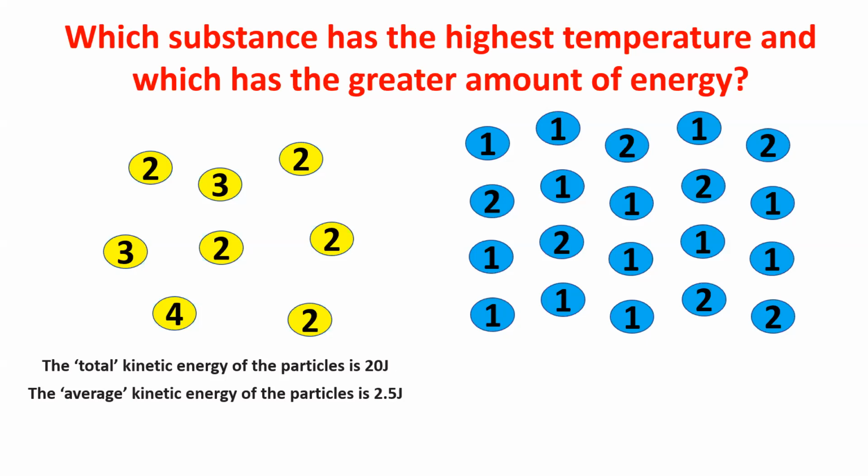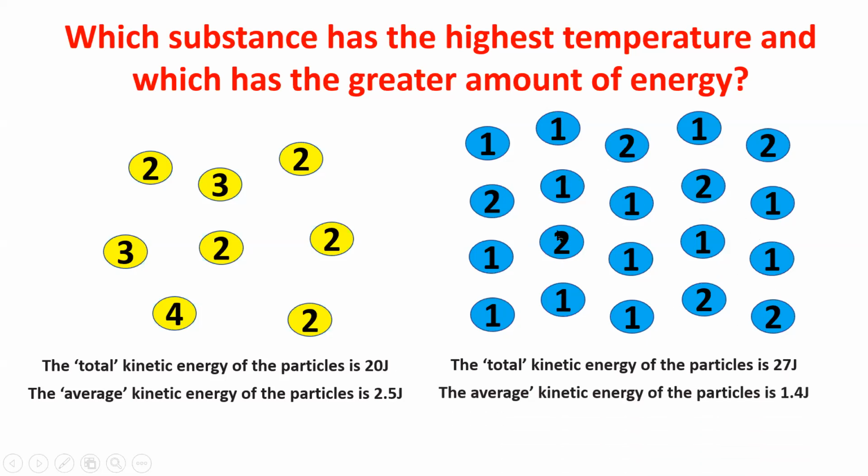Now, if we do the same for this blue substance on the right-hand side, the total kinetic energy of those particles is 27 joules. But because you have 20 particles here, 27 divided by 20 gives you an average kinetic energy of 1.4 joules.